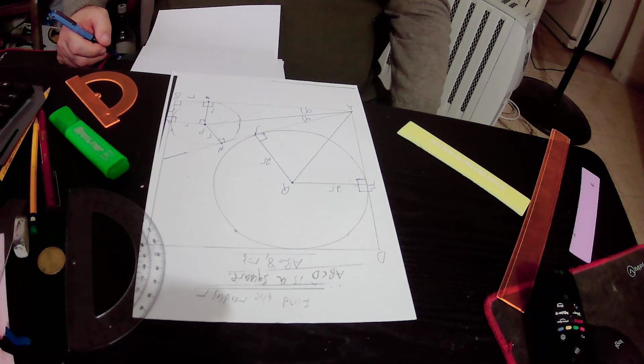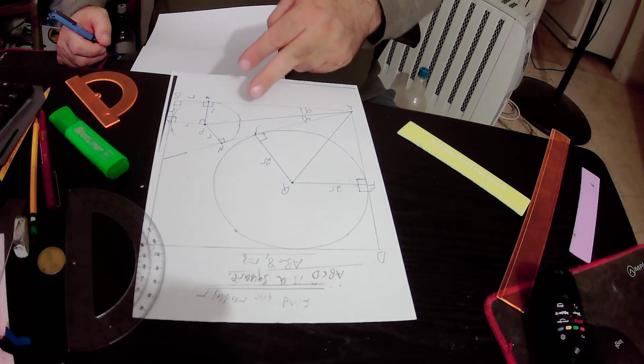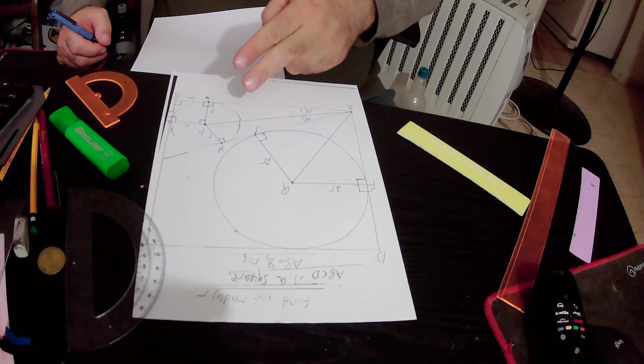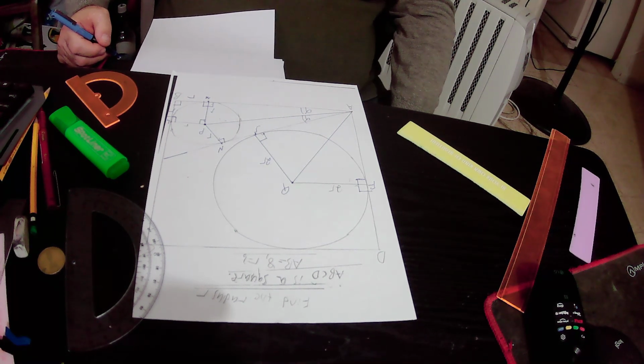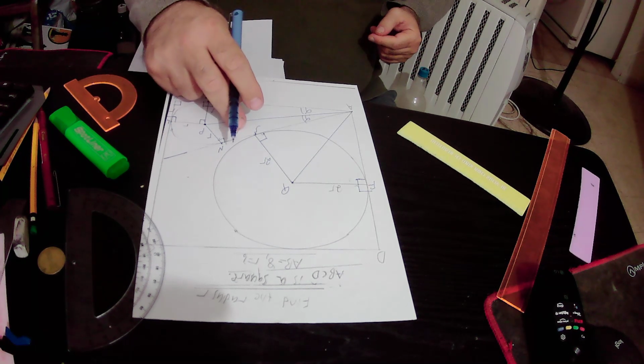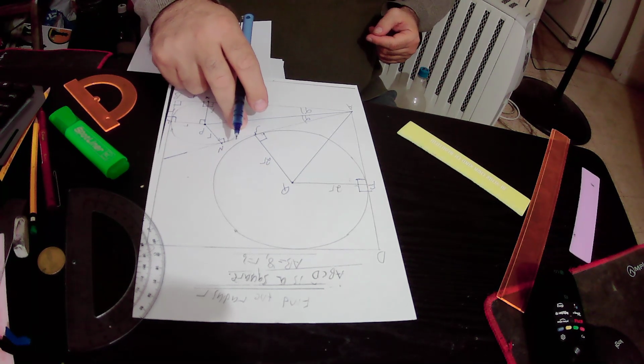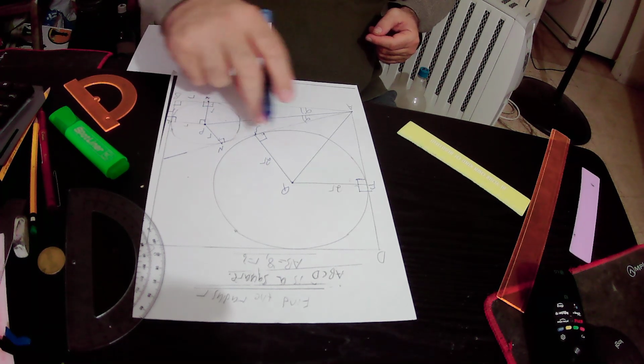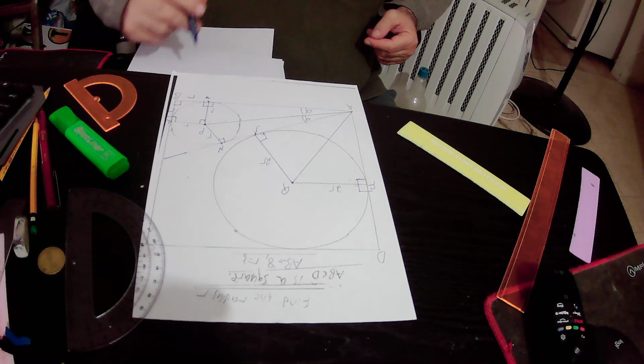Okay, exactly in the same way as we did for the small triangles, the small circle. We proved that those two triangles can go into each other, and in the same way we will prove that those two triangles can go into each other.